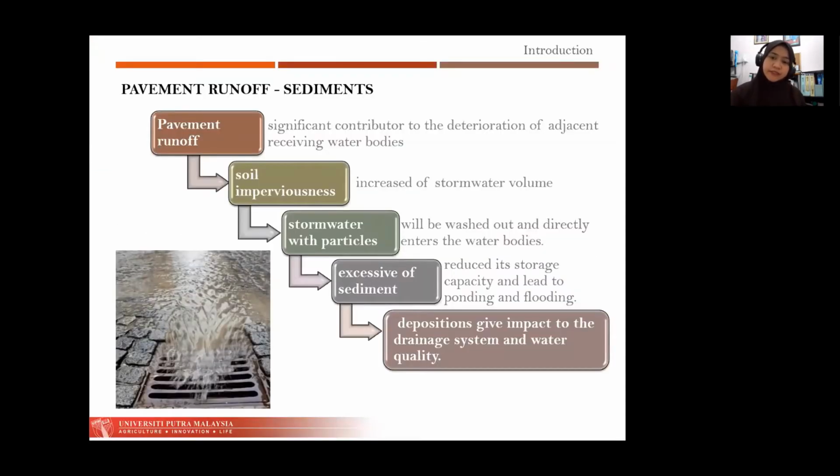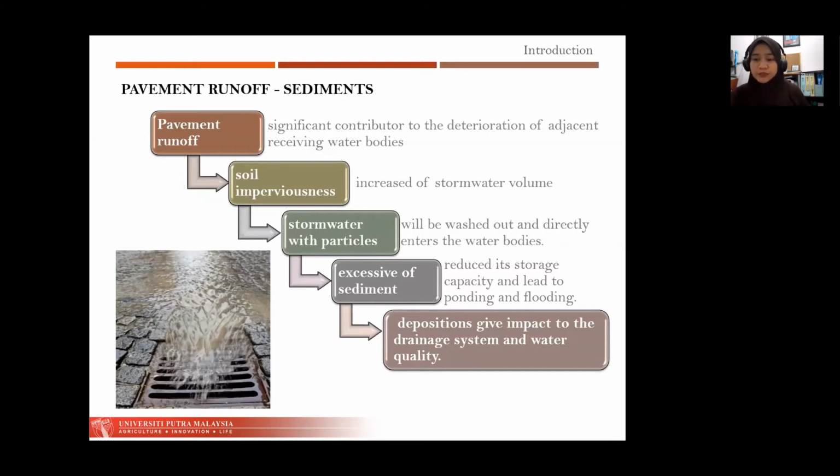Well, we know that the increase in stormwater runoff becomes the source of water pollution, as stormwater transports large quantities of contaminants to receiving waters. Pavement runoff, for instance, contains a mass of pollutants and has been recognized as a significant contributor to the deterioration of receiving water bodies. The increment of soil imperviousness has led to an increase in stormwater volume as well.